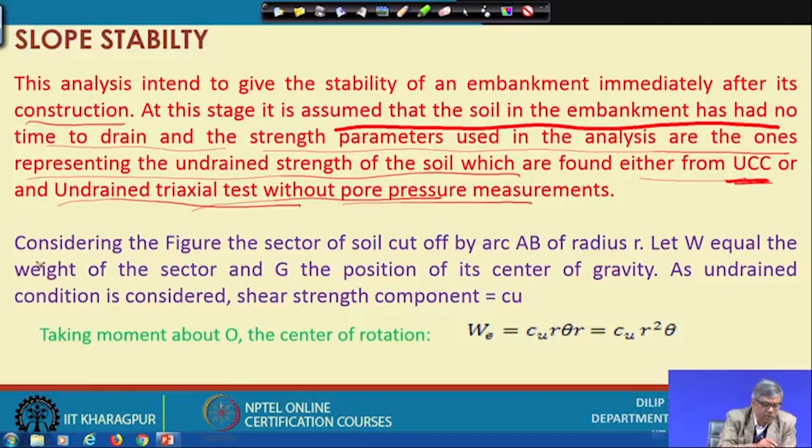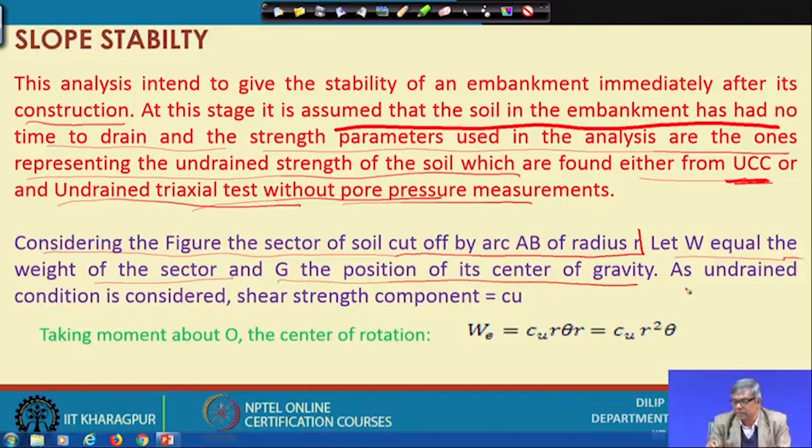Now, considering the figure, the sector of soil cut off by an arc AB of radius r. That is the thing I have shown previously. Let W equal the weight of the sector and G is the position of its center of gravity. As the undrained condition is considered, the shear strength component is Cu.